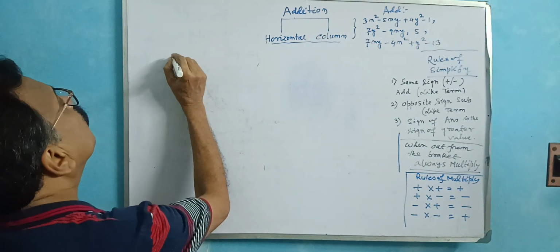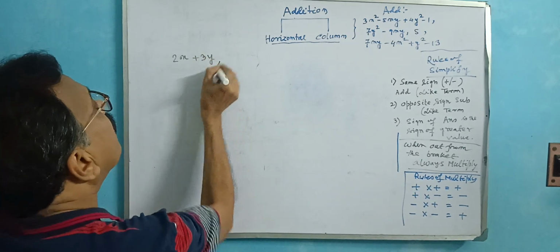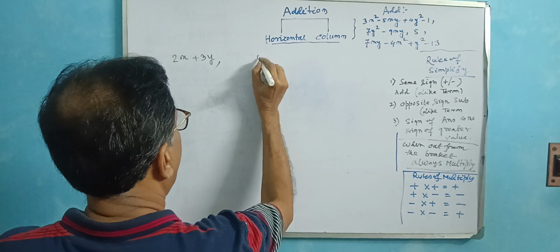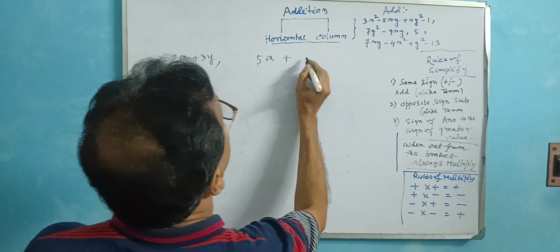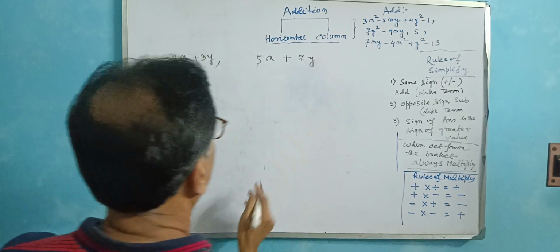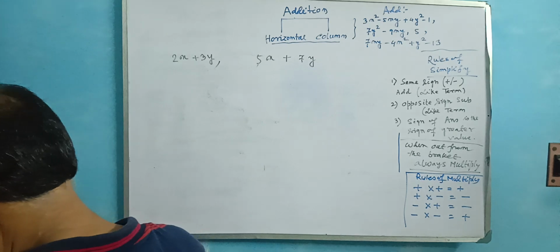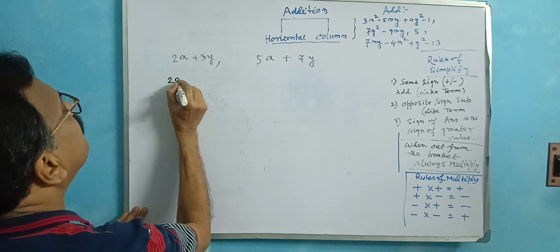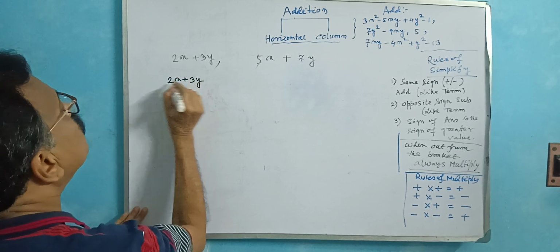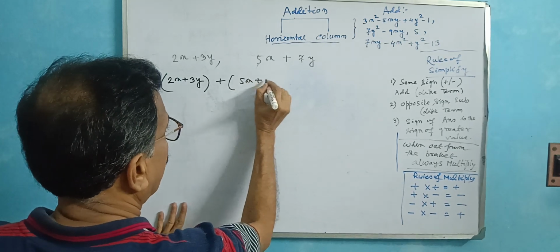Suppose here 2x plus 3y, and there is 5x and 7y. In the horizontal process, you write it this way: 2x plus 3y, use the bracket, add 5x plus 7y.